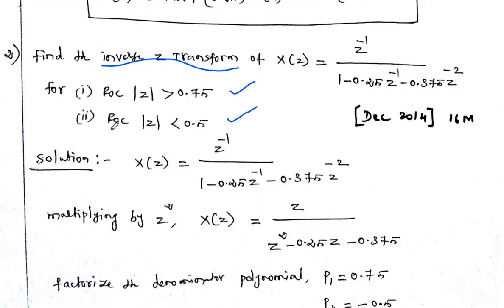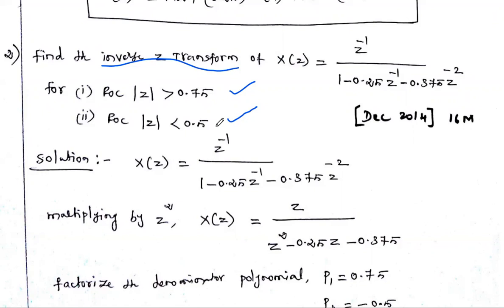Similarly, consider the second ROC, modulus of z less than 0.5. For which type of signal is the ROC always less than some value? Less than 0.5 means it is the interior part of a circle having radius 0.5. This situation arises if the given signal is an anti-causal signal.